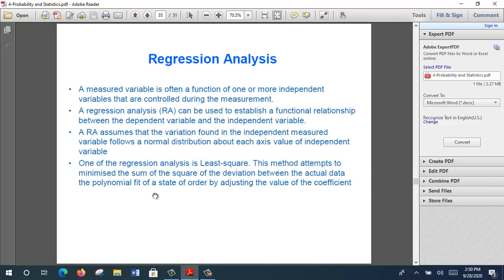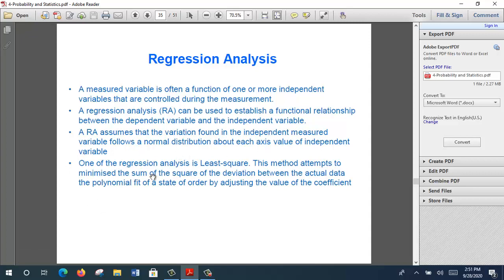A measured variable is often a function of one or more independent variables that are controlled during the measurement. Regression analysis can be used to establish a functional relationship between the dependent and independent variable. Regression analysis assumes that the variation found in the measured variable follows the normal distribution about each value of the independent variable. So there is an assumption here.